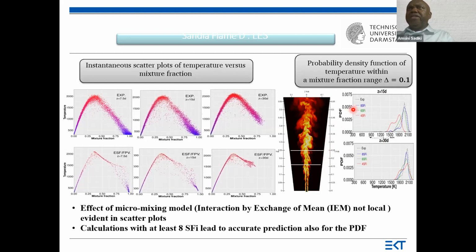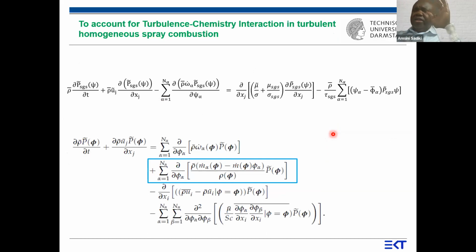So the probability density function has been calculated within a mixture fraction range of 0.1 to get all these results. This is for single phase combustion, and for the two-phase flow, we see a difference in the equations.